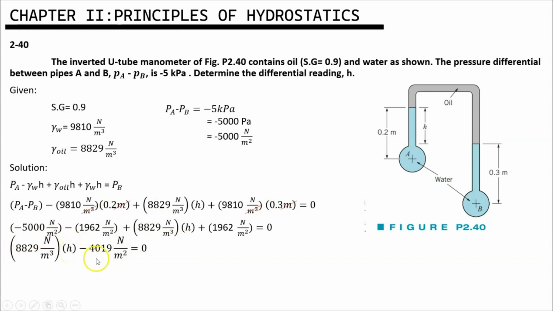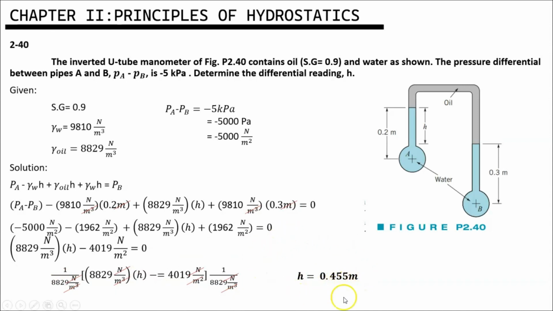Since we are determining the differential reading H, we need to multiply both sides by 1 over 8,829 Newton per cubic meter. And cancelling the same units, after we cancel the same units, we can simplify this equation, and we have H equals 0.455 meter.